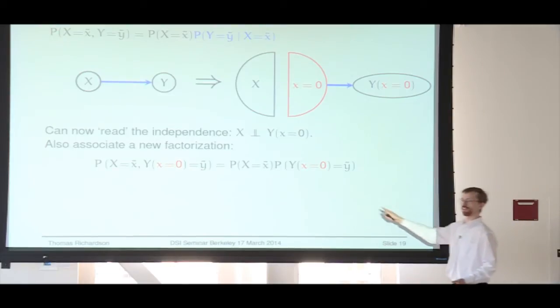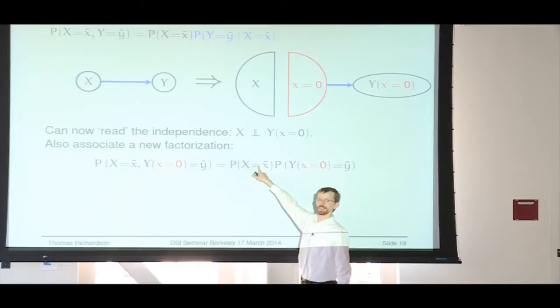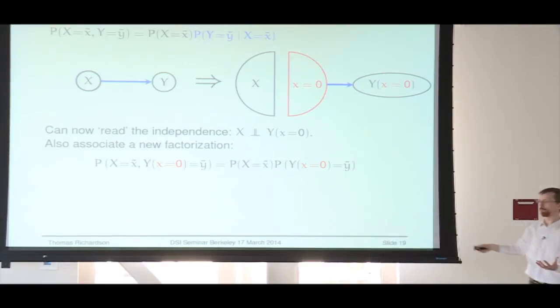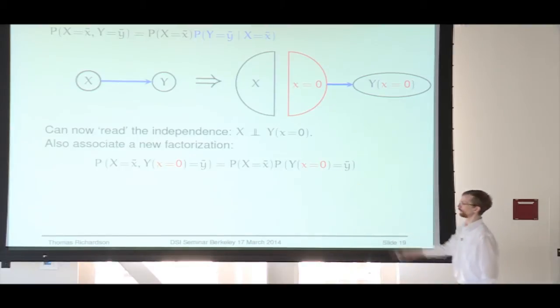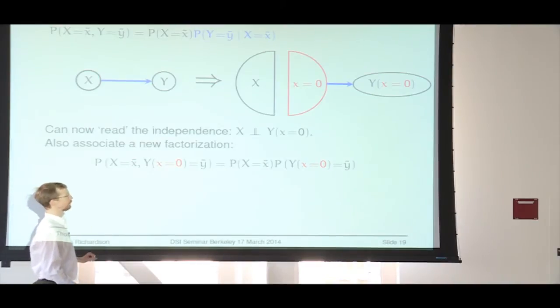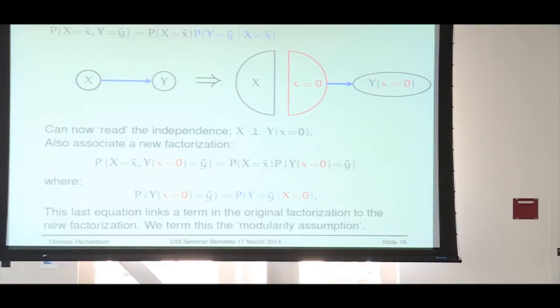Here, x has no parents, so we get this term. And y of x equals 0 also has no random parents, so we just get the trivial factorization into these two pieces, both simply being marginally independent. That's the factorization. It is exactly the same as the earlier DAG factorization, modulo that we're ignoring the fixed nodes. Other than that, it's identical to the earlier factorization that we saw.